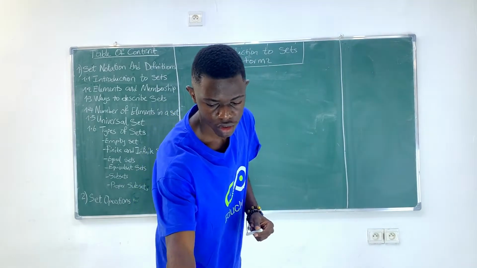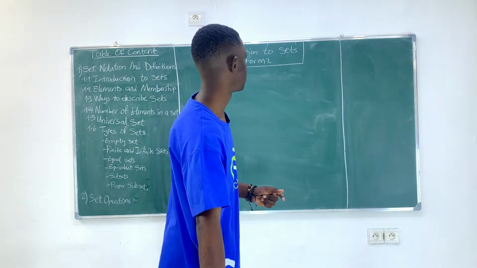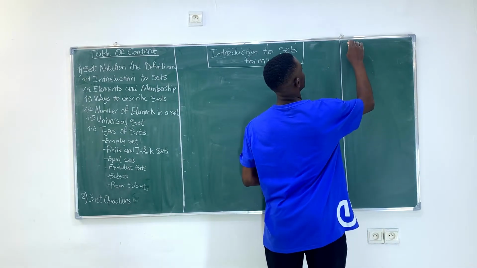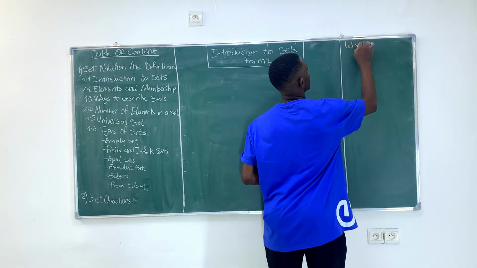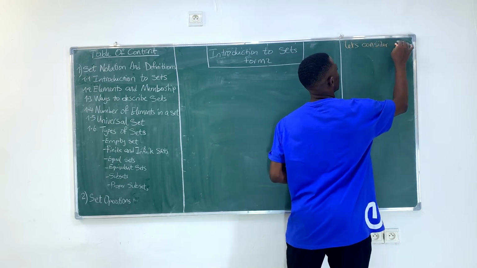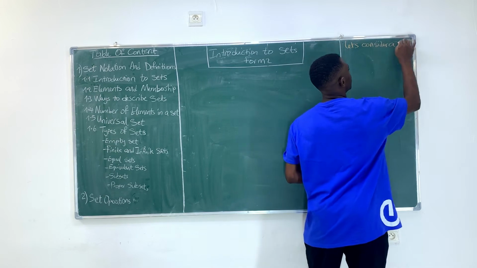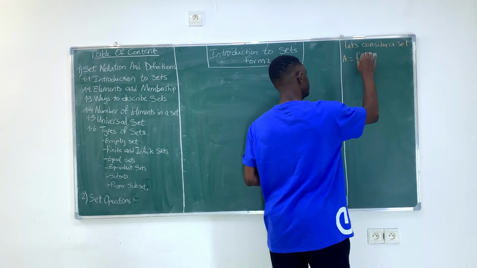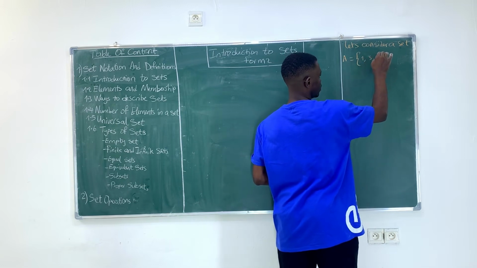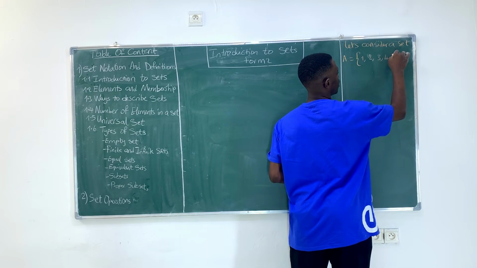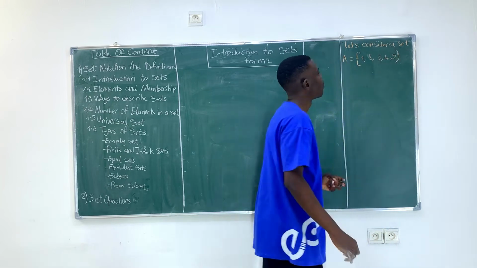So let me just jot down the most important points. You have a set. Let's consider a set A equal to 1, 2, 3, 4, 5.